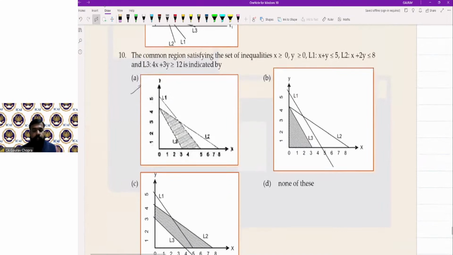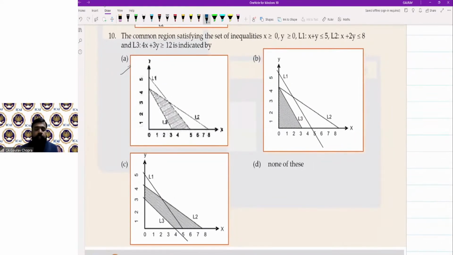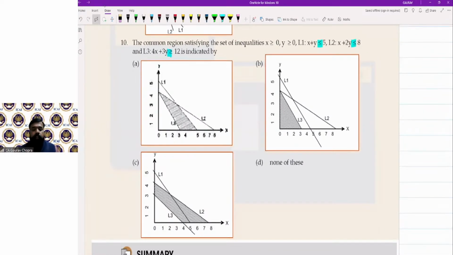Now the next one, the 10th. The common region satisfying the inequalities. First is less than or equal to 5. Second is less than or equal to 8. Third is more than or equal to 12. So these are the three conditions. Now we have to check which one is the common region. So two are less than and one is more than.